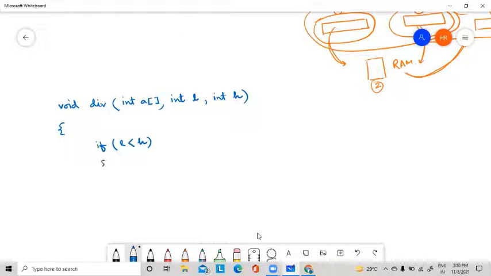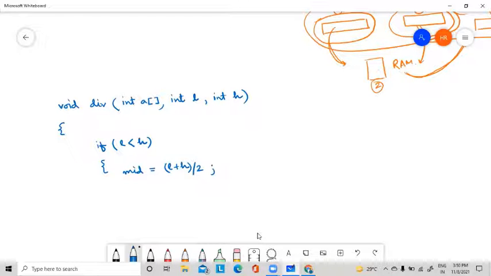In the division operation, what do we have to calculate first? We have to calculate the middle position of the array. So we calculate a mid variable, which is (L plus H) divided by 2, same as in binary search to find the middle element.